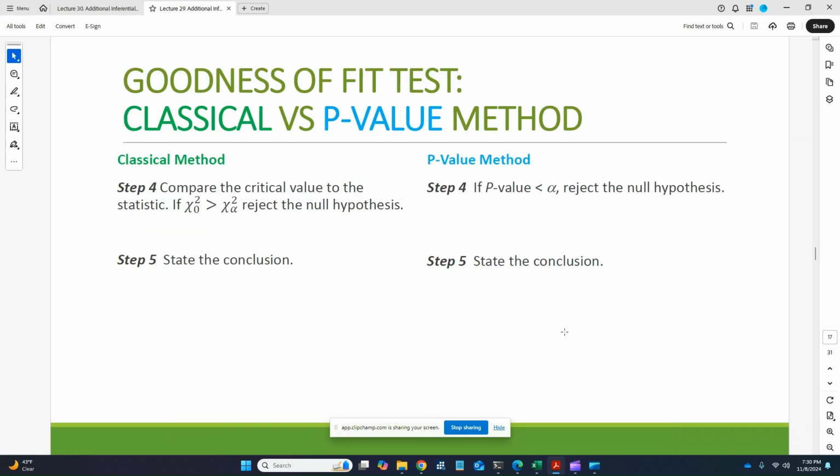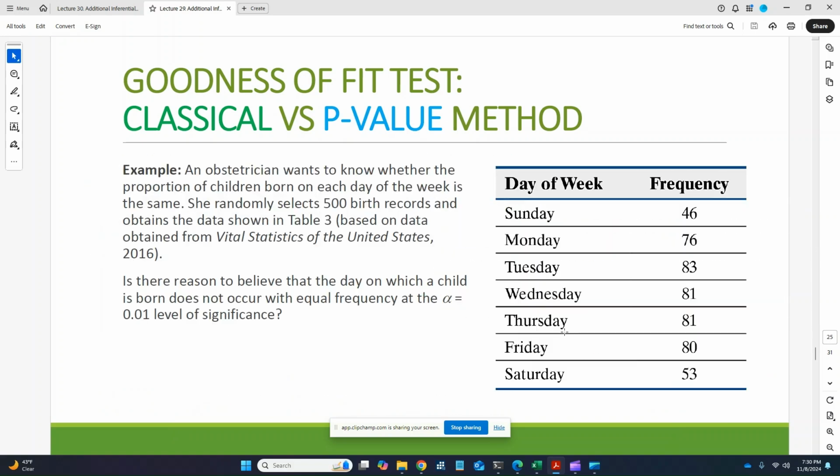Okay, now let's consider this problem. An obstetrician wants to know whether the proportion of children born on each day of the week is the same. She randomly selects 500 birth records and obtains the data shown in this table.